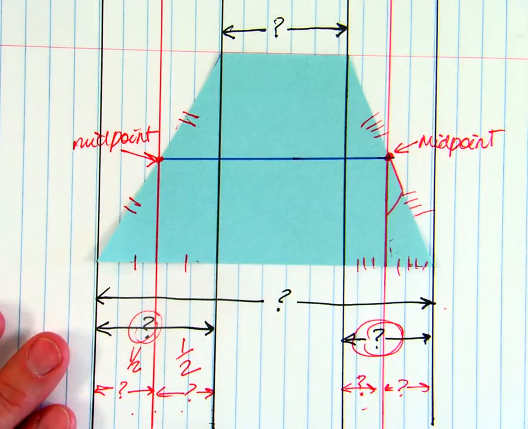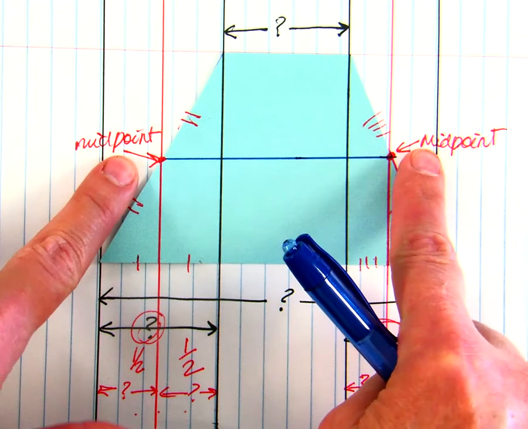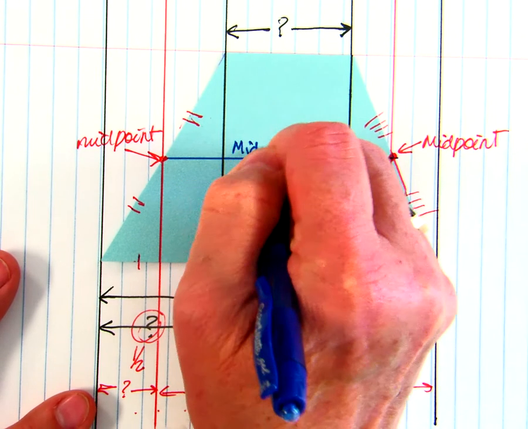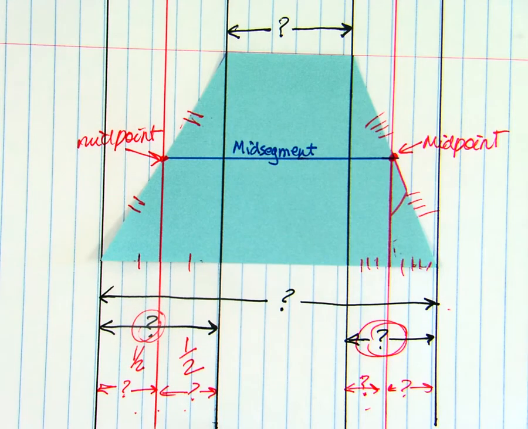And this has a name. You might guess it. Think back to when we were doing triangles. We did the midpoints of the sides, and then we had the, oh, what do we call it? The midsegment. Indeed. This is the midsegment of the trapezoid.